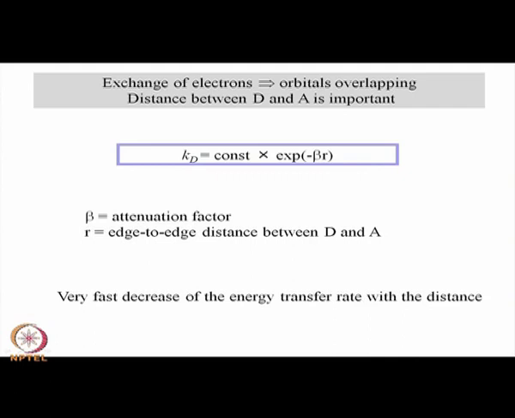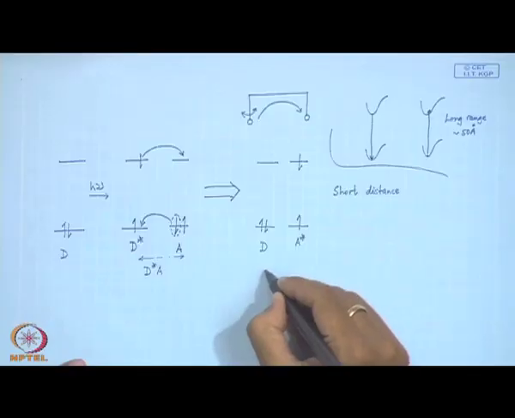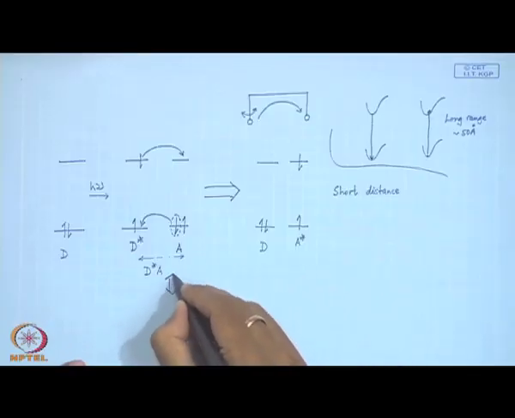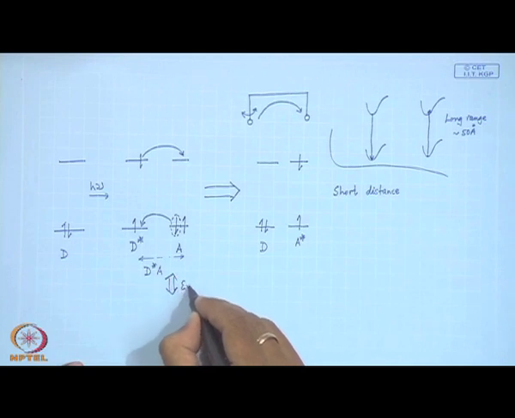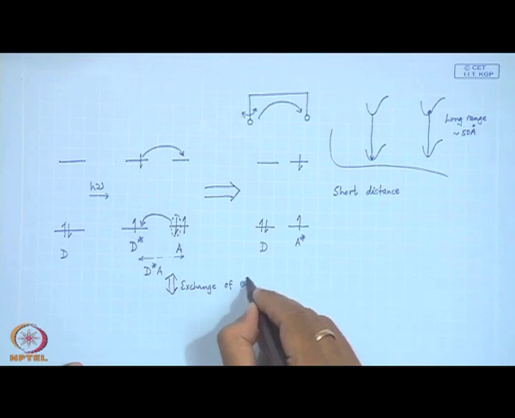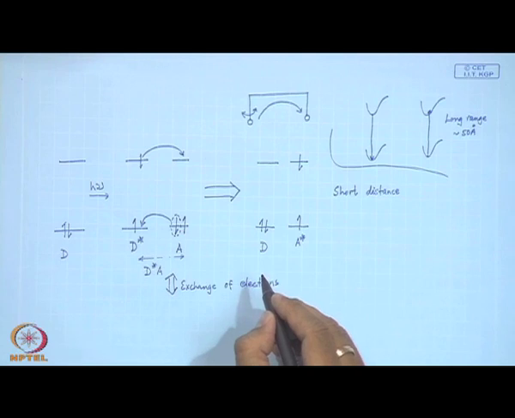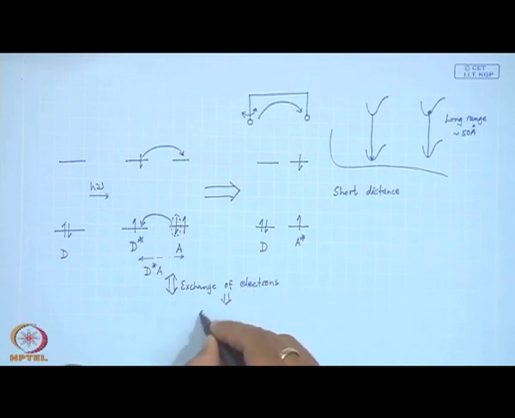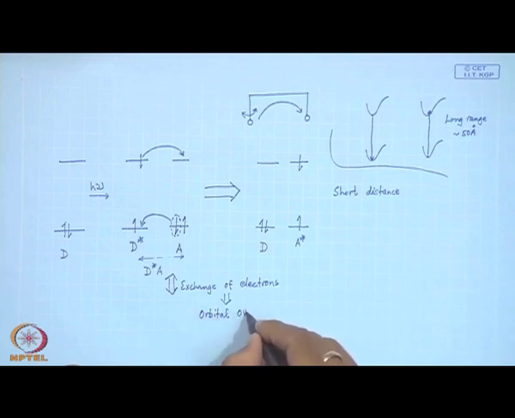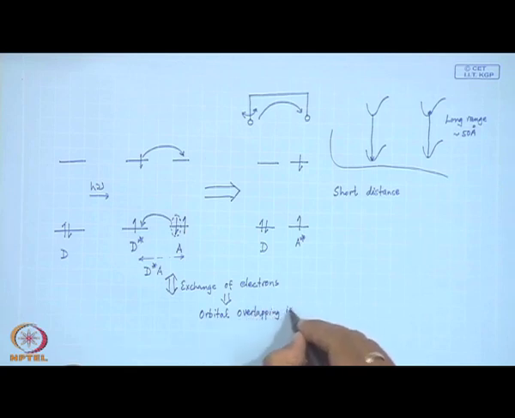Okay. So, exchange of electrons, as I told you, means orbital overlapping is important.